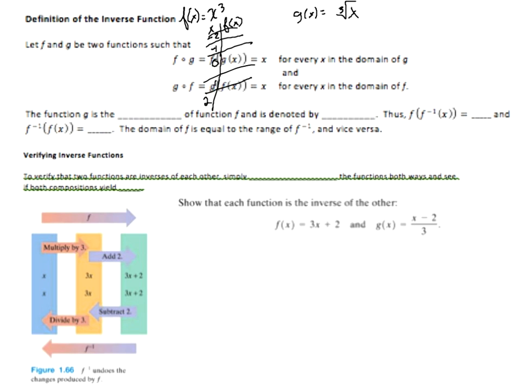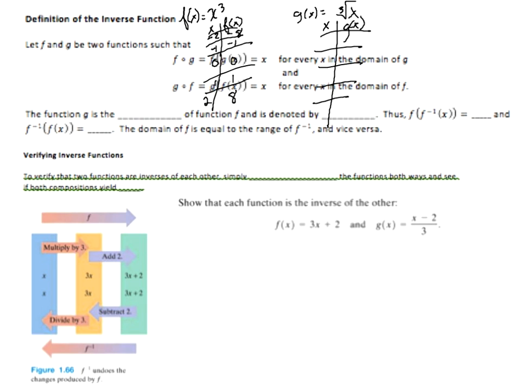We'll take a look at the x, g of x table as well. -2 cubed is -8, -1 cubed is -1, 0 cubed is 0, 1 cubed is 1, and 2 cubed is 8.